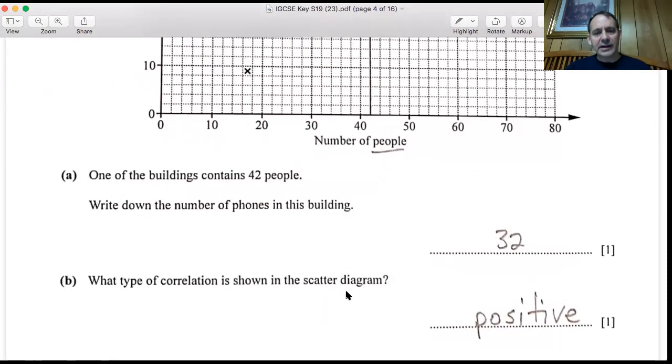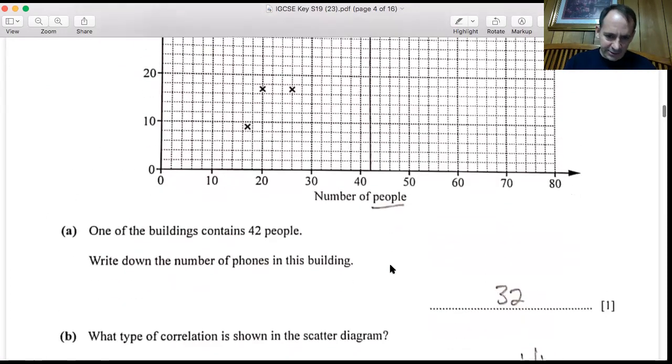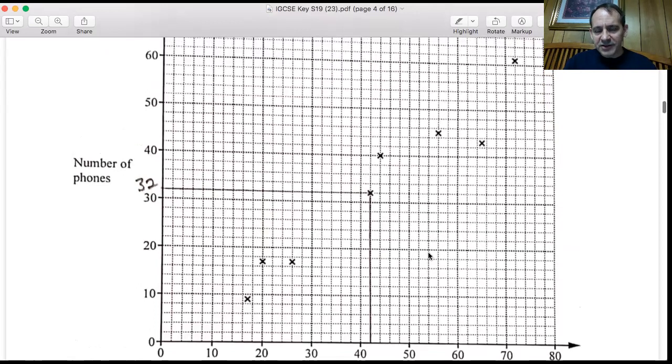What type of correlation is shown in the scatter diagram? When you look at a scatter diagram, which is looking at all these little random X's here, what you're looking for is, do the points follow a slope? So if you look at this, these points are generally going in an uphill direction. So that would be a positive slope or a positive correlation.